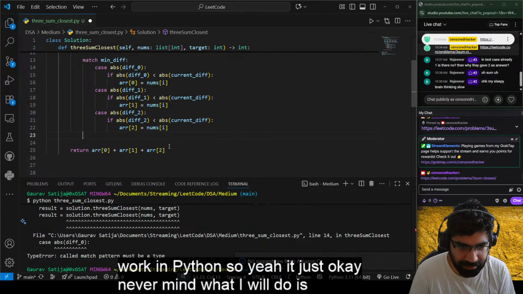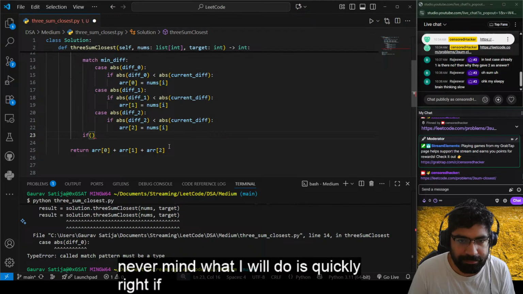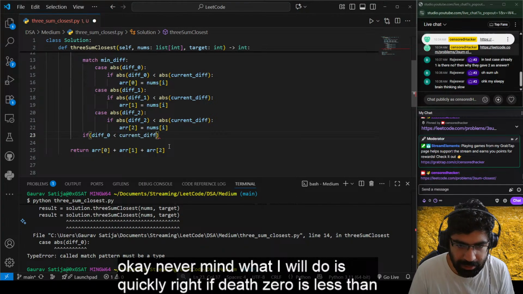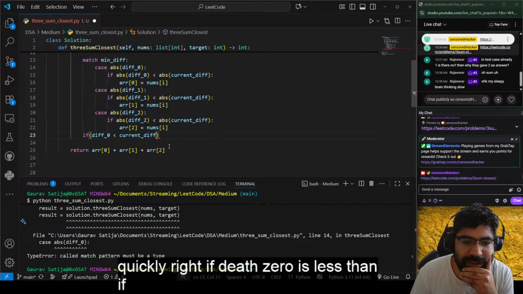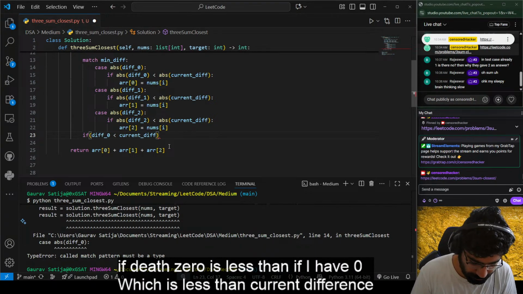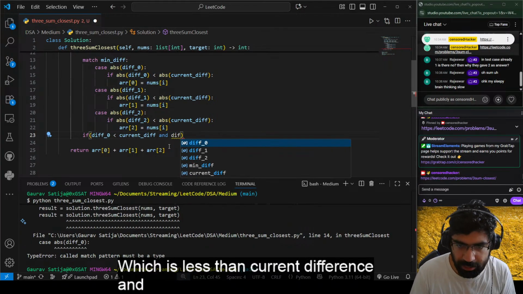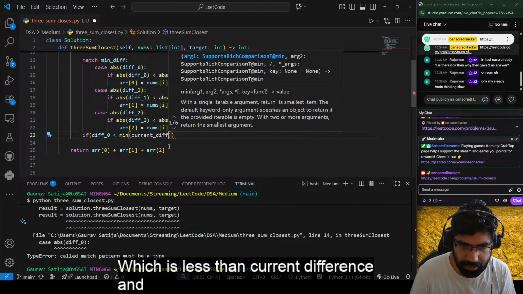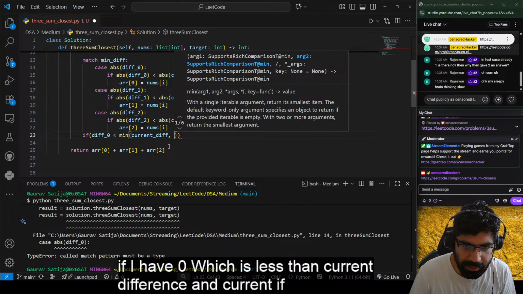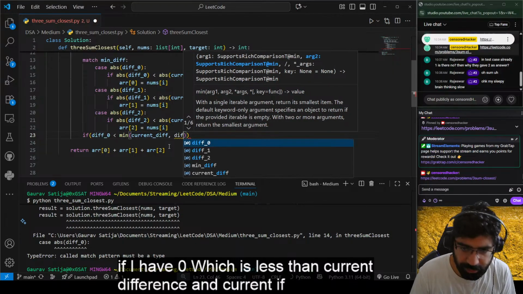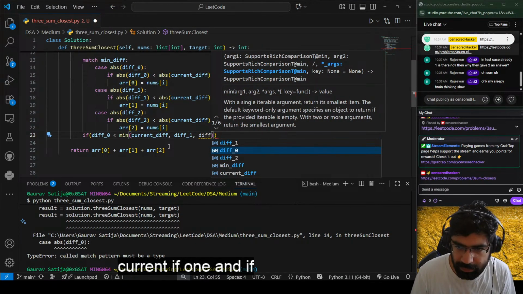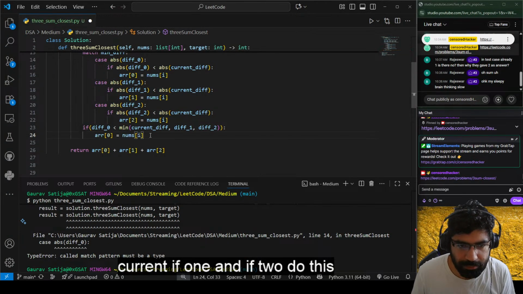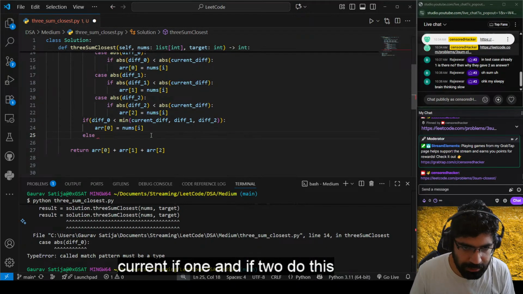What I will do is quickly write if diff 0 is less than, if I have diff 0 which is less than current difference and diff 1 and diff 2, do this, else same thing.